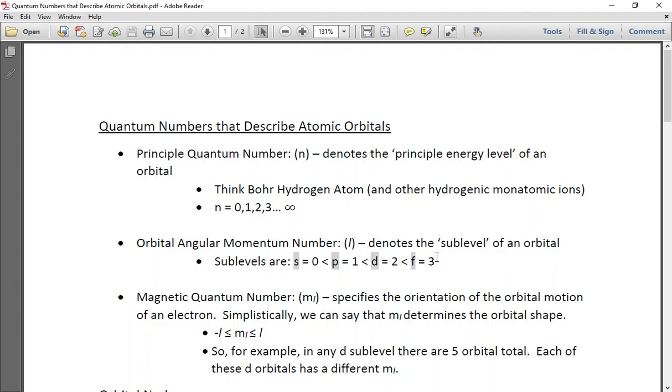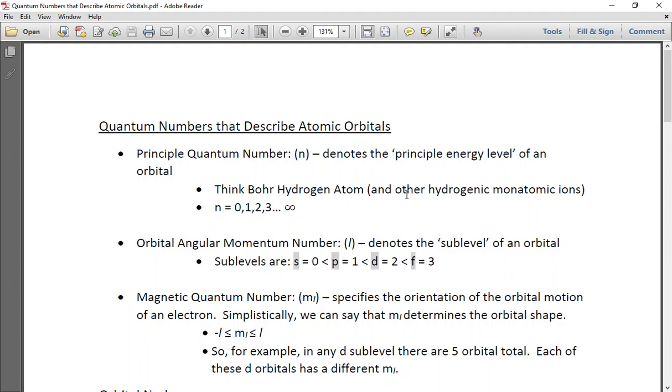Therefore, a 2s orbital is found within the second principal energy level; that's what the 2 means. A 2s orbital is going to be lower in energy than a 2d orbital.